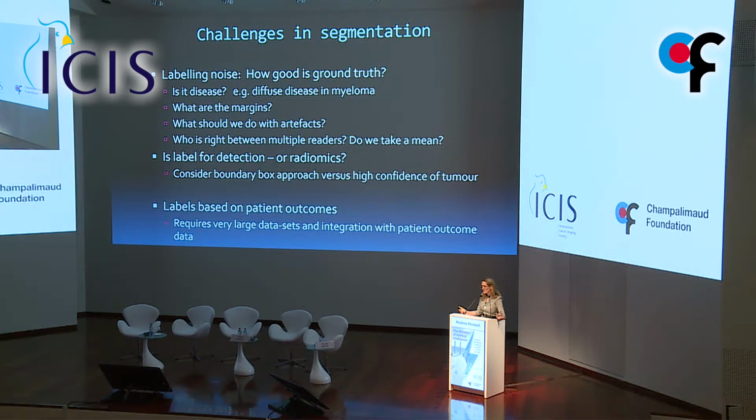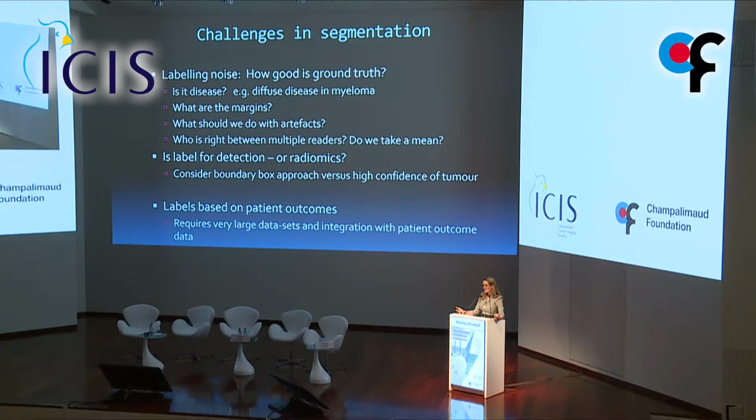I want to talk about a few challenges that we came across in the actual segmentation tasks as we went through the Streamline Malibu study. One of the things I think, particularly having just finished a huge amount of segmentation for one phase of the study, is labeling noise. How good is our ground truth? And especially with MRI, where we perhaps don't have such well-defined tumors, these weren't lung cancers on CT scan.